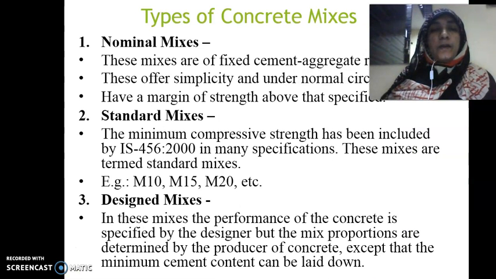Now, next, types of concrete mixes. There are three types of concrete mixes. First one is nominal mixes, second one is standard mixes, and third one is design mixes. In nominal mixes, the proportion of cement, sand, and aggregate is fixed without making special efforts to know their individual properties, and this is termed as nominal mixes.